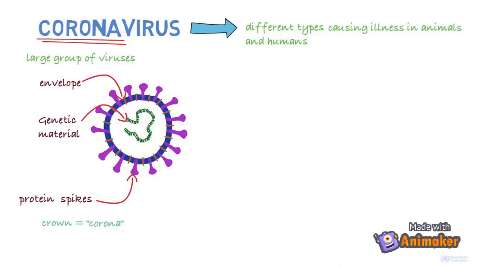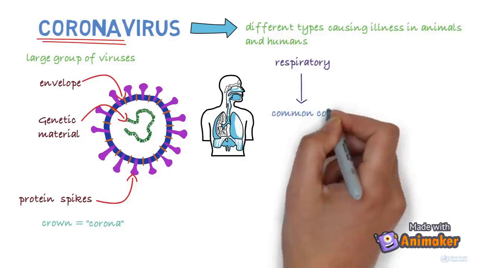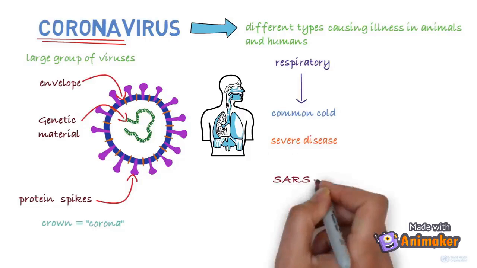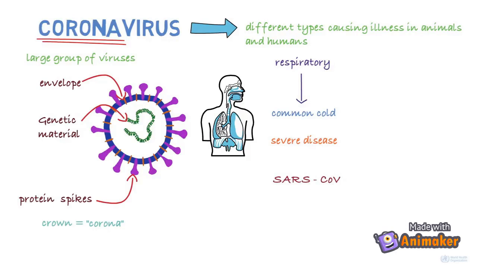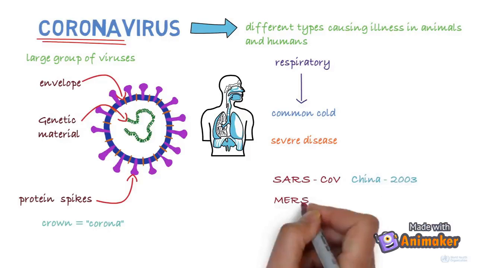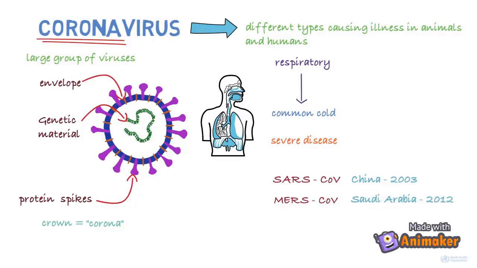In humans, coronaviruses can cause respiratory infections ranging from the common cold to more severe diseases. These include the severe acute respiratory syndrome coronavirus, first identified in China in 2003, the Middle East respiratory syndrome coronavirus that was first identified in Saudi Arabia in 2012, and SARS-CoV-2, the name of the virus that causes COVID-19 that was first reported in December 2019.